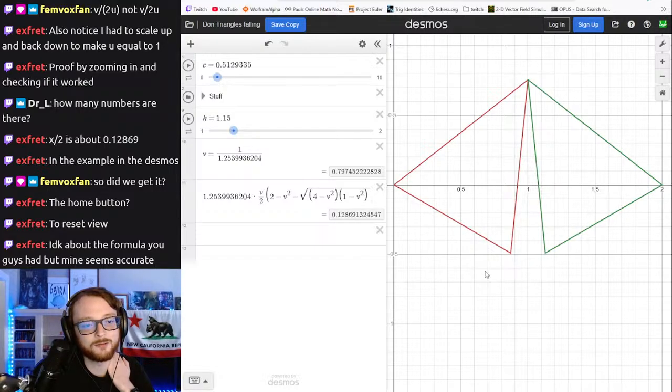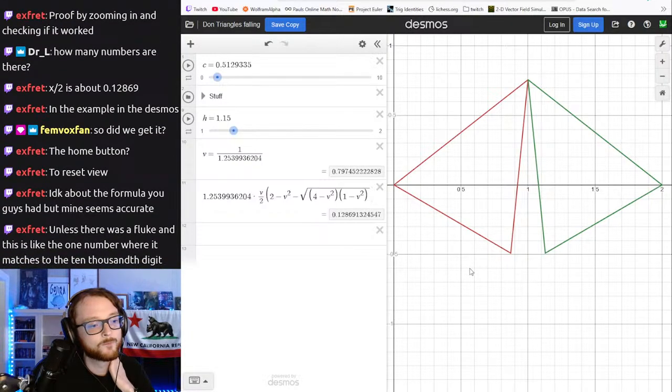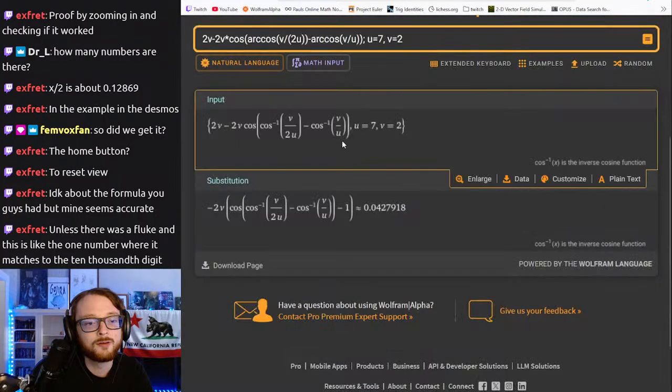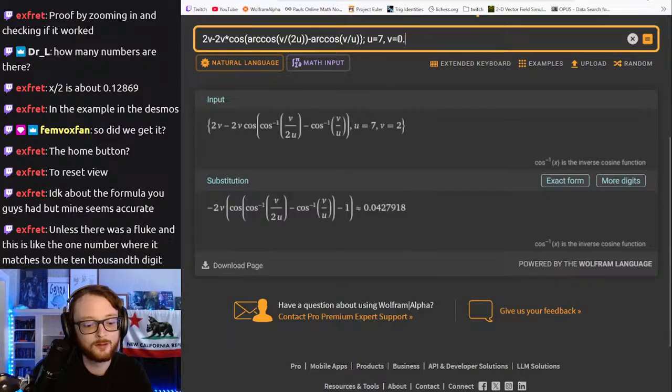No, the formula I had, I don't know why it was off, but it does seem off. The one number where it matches to the 10th. Yeah, maybe. This number V was 0.5. H or U was square root 0.5 squared.